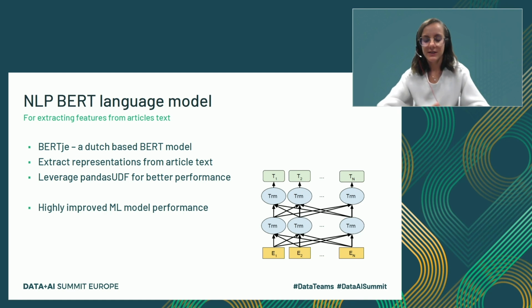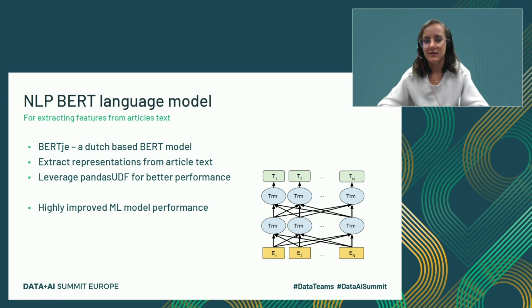While creating the features for the article text and for the teaser text, we first tried using TF-IDF to create a feature representation of our text. But we were convinced that there are better ways to create features from text.